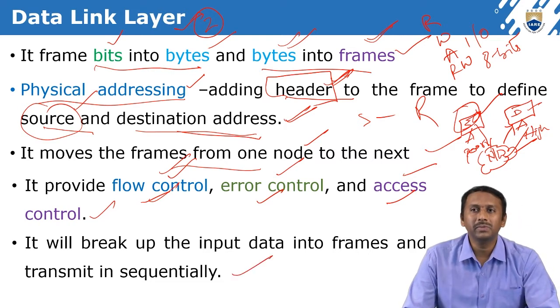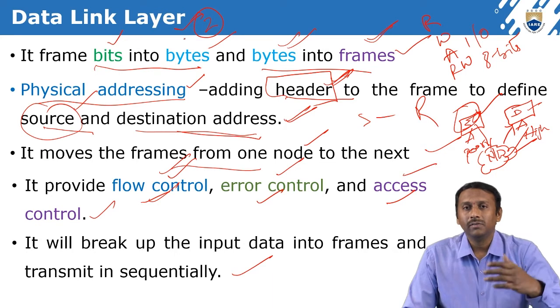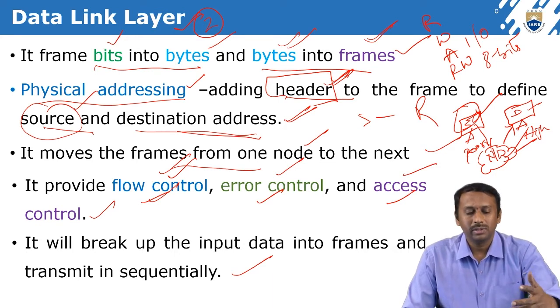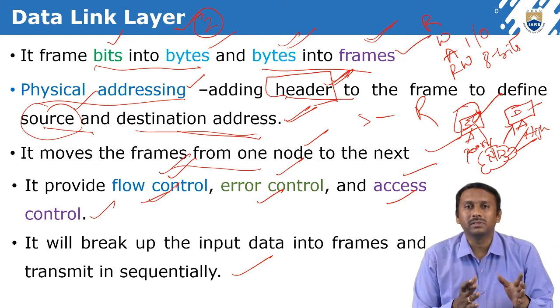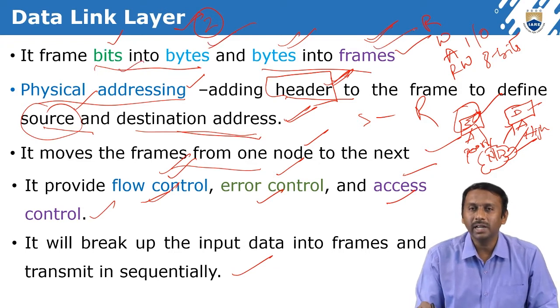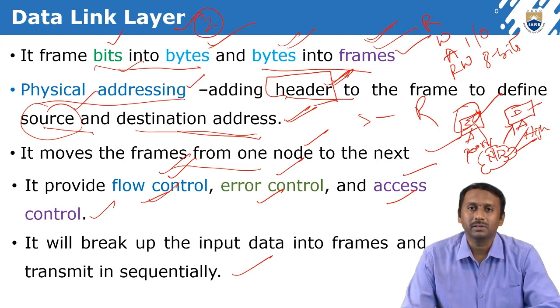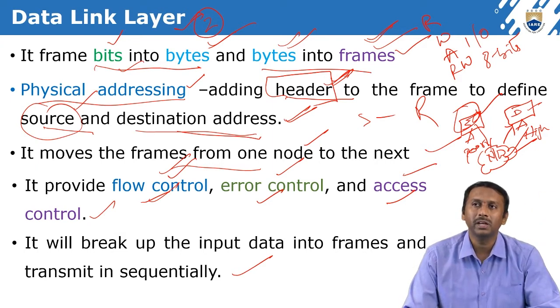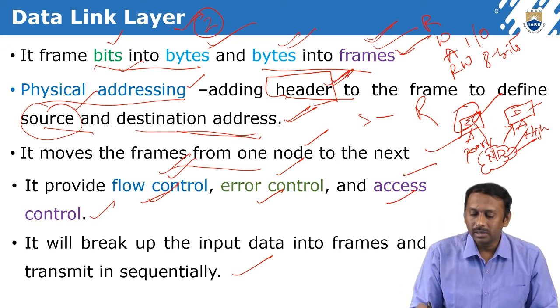It breaks up the input data into frames. As we discussed so far, when data comes from the physical layer to the data link layer, what will happen? The physical layer deals with bits, whereas here data is converted into bytes and then frames. If the data is coming from the upper layers, obviously the data packet size will be higher than the frames.